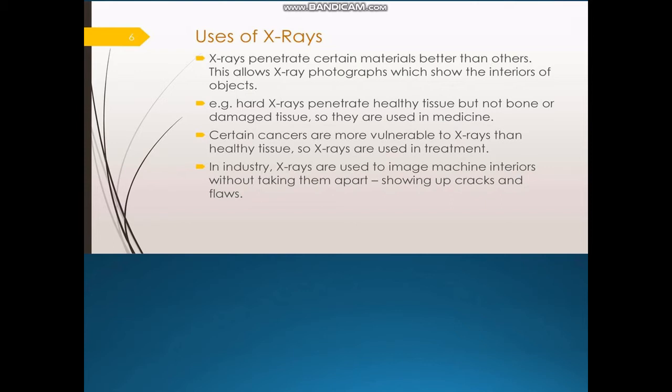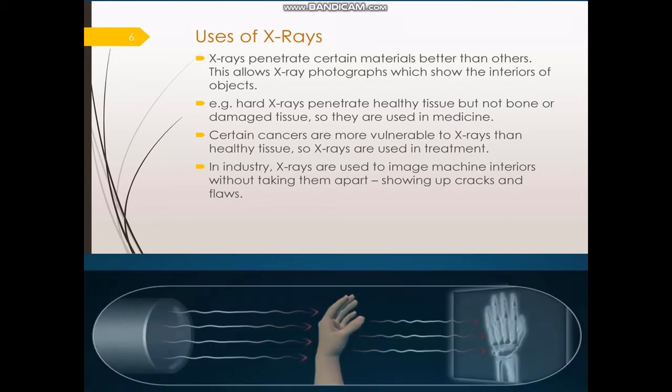Example, hard X-rays penetrate healthy tissue but not bone or damaged tissue, so they are used in medicine. Certain cancers are more vulnerable to X-rays than healthy tissue, so X-rays are used in treatment. In industry, X-rays are used to image machine interiors without taking them apart, showing up cracks and flaws.